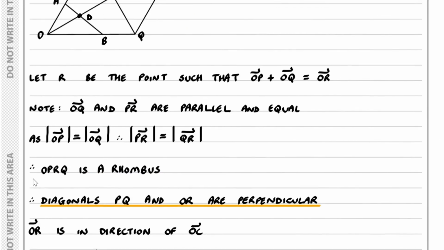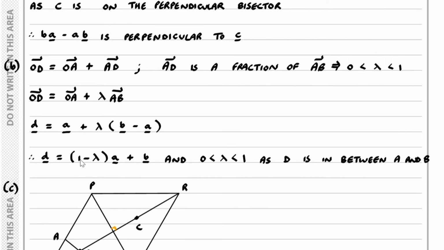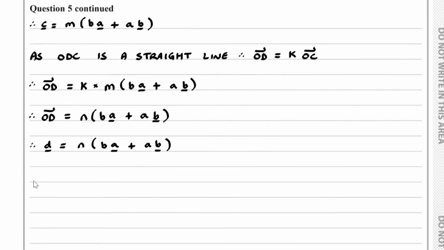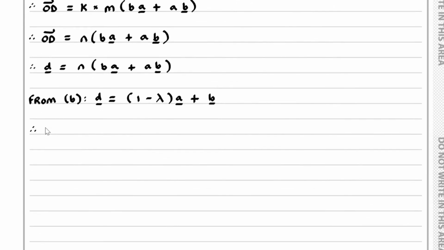Now, if we remember from part B, we said in part B that D is equal to 1 minus lambda A plus lambda B. So, from part B, we've got D, which is equal to 1 minus lambda A plus lambda B. And because these are equal, we can therefore say that 1 minus lambda A plus lambda B is equal to N multiplied by BA plus AB.